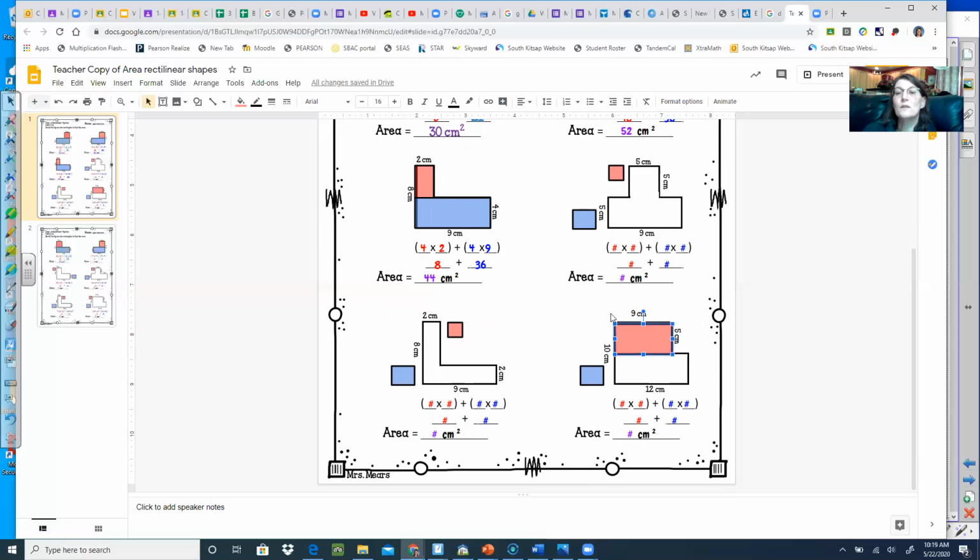I'm going to do it as this because I can see the 5 and the 9. There we go. So my red is a 5 by 9.